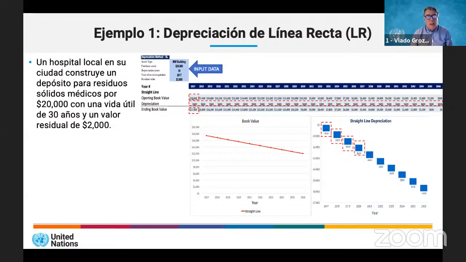How do we calculate? 20,000 minus 2,000 is 18,000, divided by 30, it's 600 per year. At the end of the first year, we have a book value of our asset.